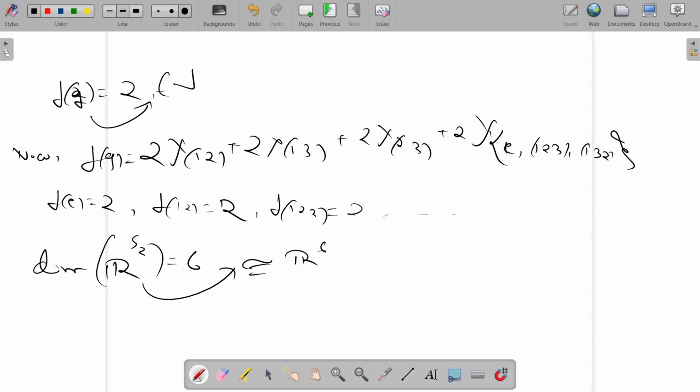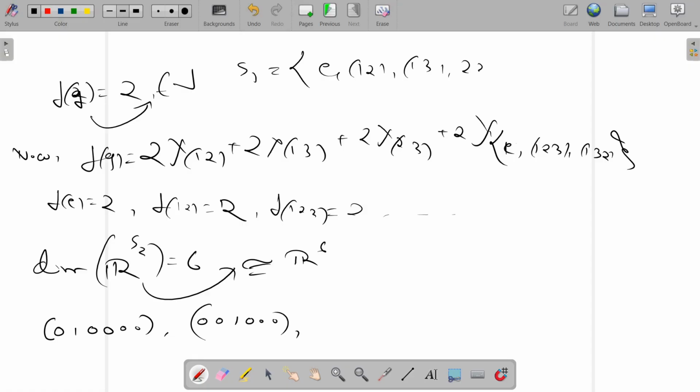So if we translate to the ordered basis, I've written identity, (1 2), (1 3), (2 3), (1 2 3), (1 3 2).